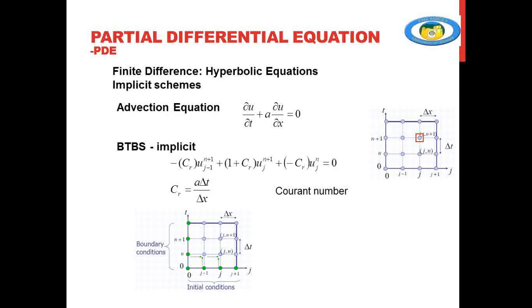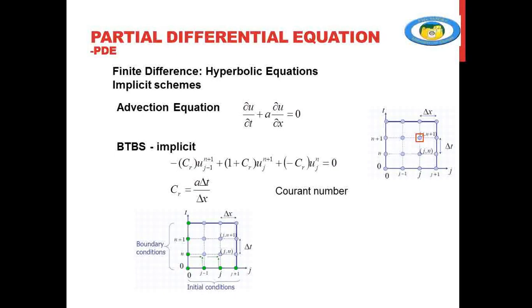And using backward space, just rearranging terms a little bit, expressing Courant number as usual is equal to A times delta t over delta x, shall give you this representation of the backward time and backward spatial scale. As you can see it here, the spatial derivative is expressed using backward space.